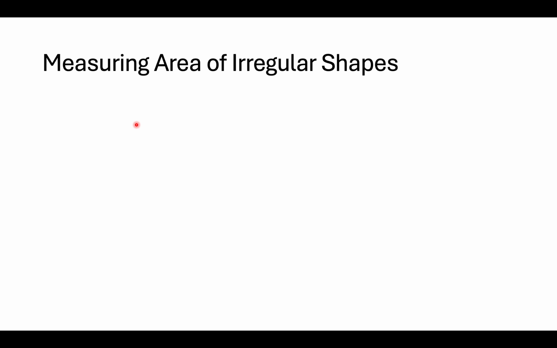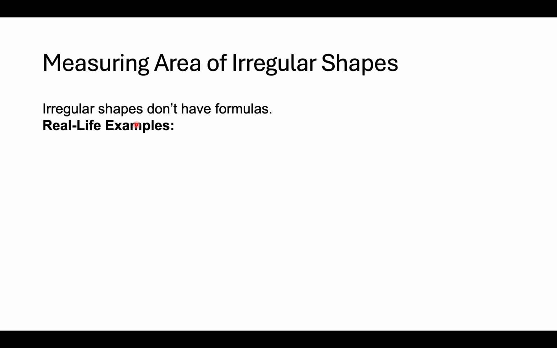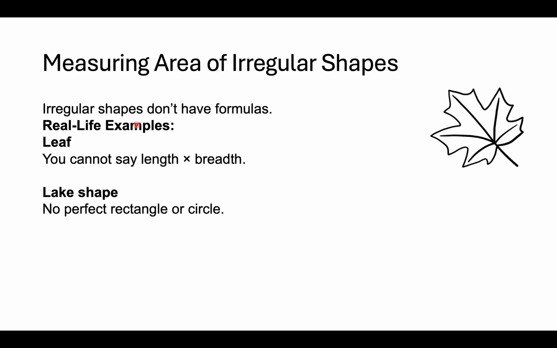Now, what we saw till now is more of how you measure the standard shapes and sizes. Correct? But what about those irregular shapes? Irregular shapes don't have a formula. Leaf, you cannot say just length into breadth, correct?